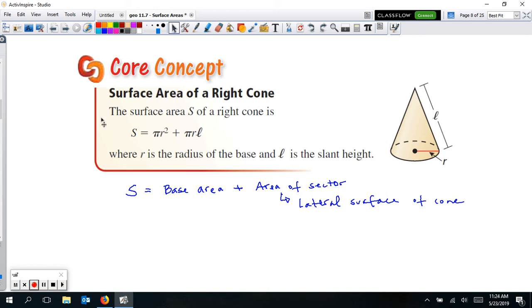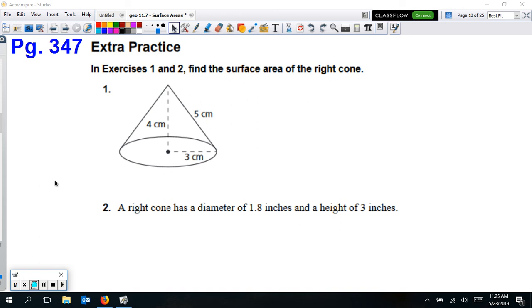All right, so using that formula, let's go ahead and try to find some surface areas of the right cone. On page 347 in the extra practice, numbers 1 and 2 say find the surface area of the right cone. You probably have the formula right there from the core concept, but I'm going to put it up here one more time so I can see it as we work through this.